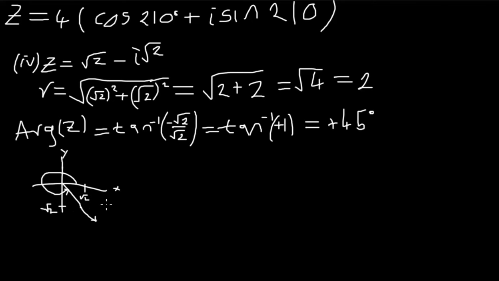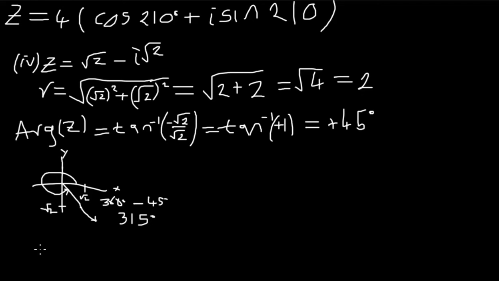When you are in the fourth quadrant, you always say 360 degrees minus 45 degrees when you're finding this angle here. So when you find that, you discover that your answer is going to be 315. So 315 is the positive angle that you put there.